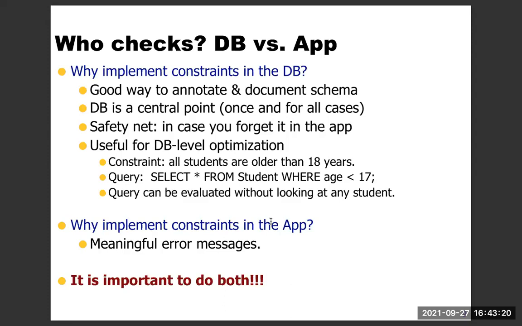Foreign key violation or some other constraint ABC 1, 2, 3 violation. What's incorrect? So error messages may be made meaningful only in the application, and the database knows only about uniqueness and other technical constraints, and it can't provide meaningful error messages. So it's important to do both: to check everything in the database as much as we can, implement constraints in the database, and implement constraints in the application too, but for different purposes.